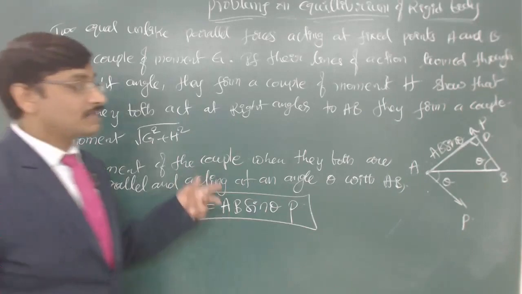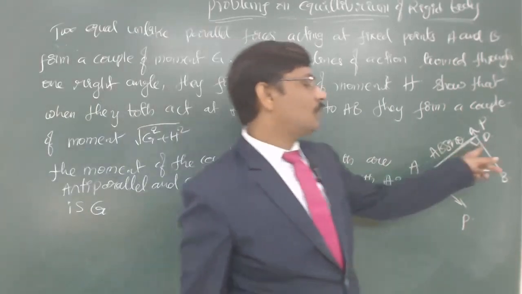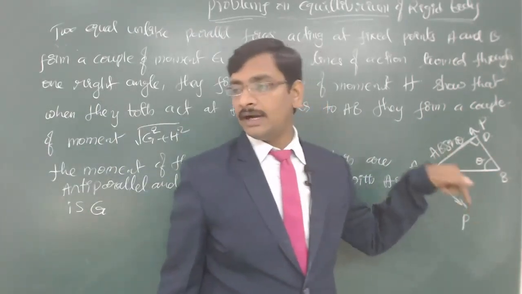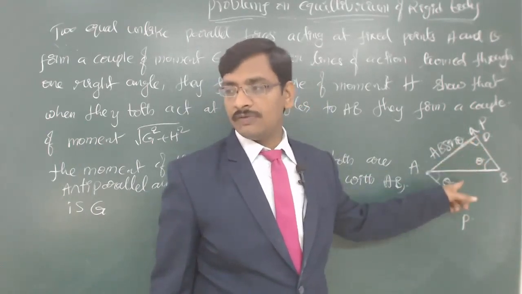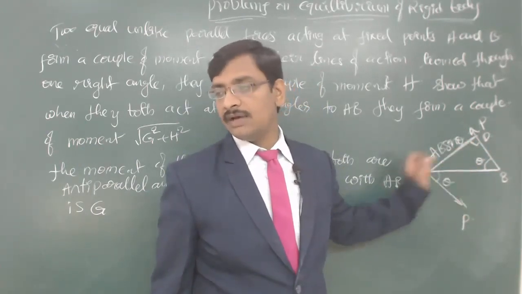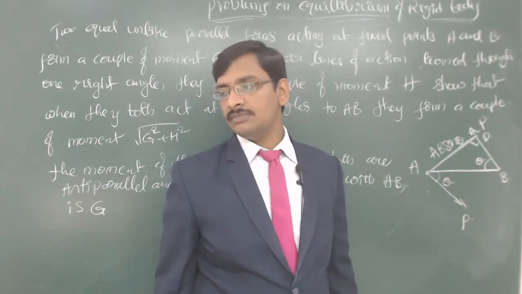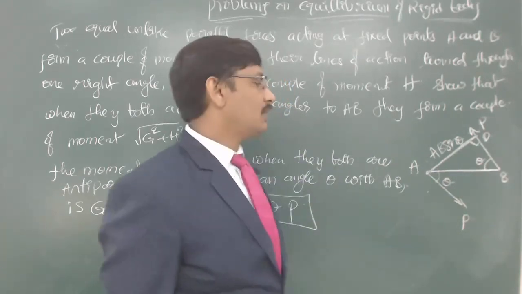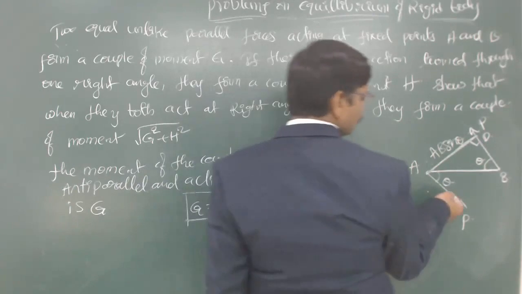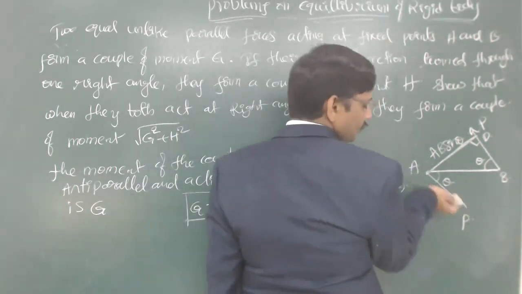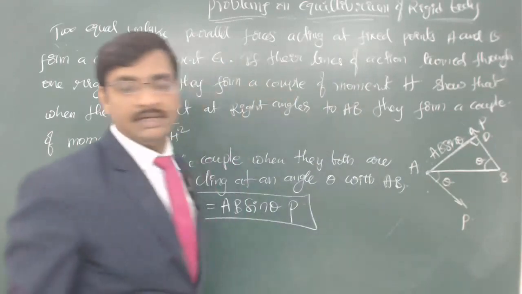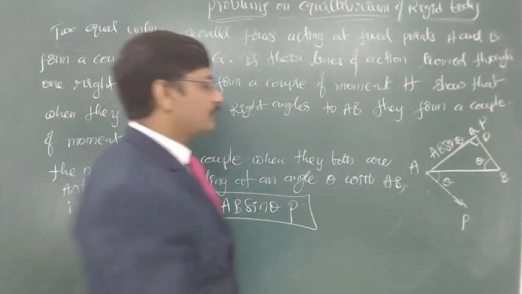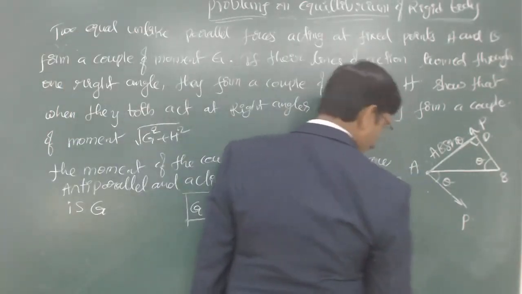Now what he said was that these forces are turned through an angle of 90 degrees. That means this also turned by 90 degrees and this also turned by 90 degrees. So let us say it rotated by an angle of 90 degrees to AB.